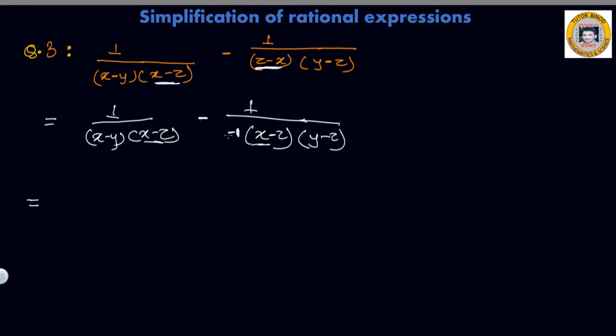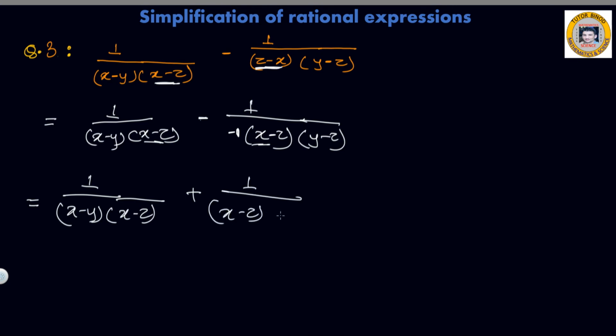Let me also make it clear that negative 1 times this is also negative, so this is negative over here, so it will end up positive now. So let me write that over here, 1 over x minus y, because negative 1 divided by negative 1 is positive 1. So x minus z, this will be positive now, it will be x minus z, y minus z.